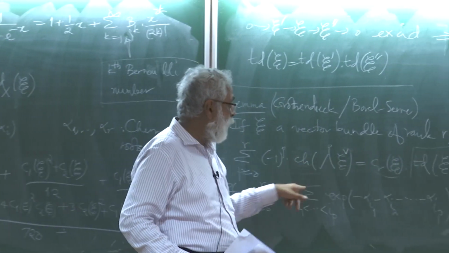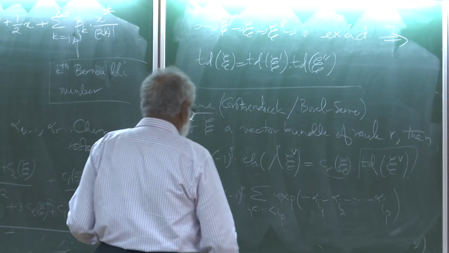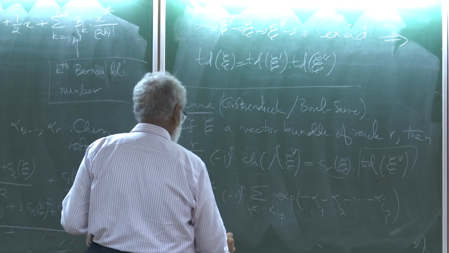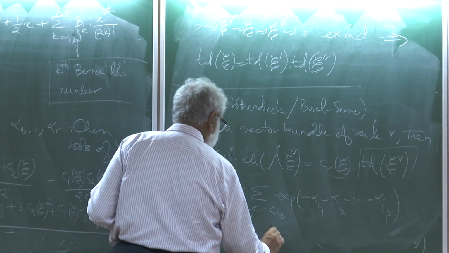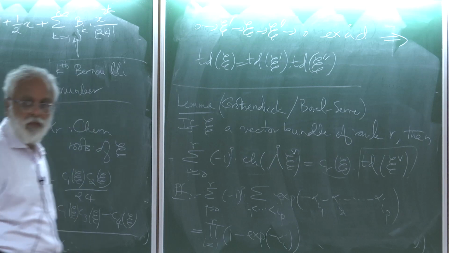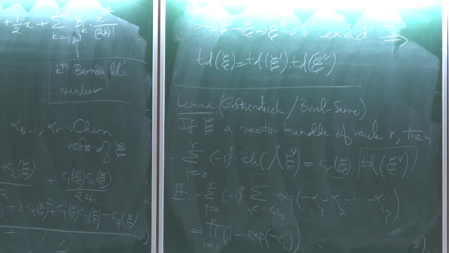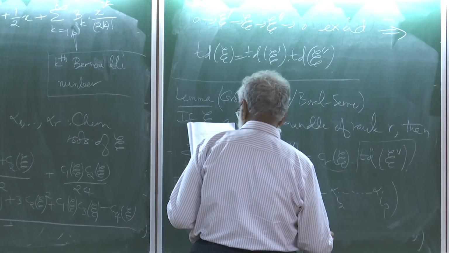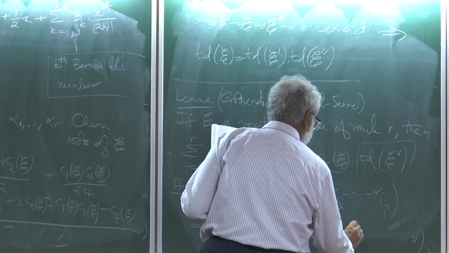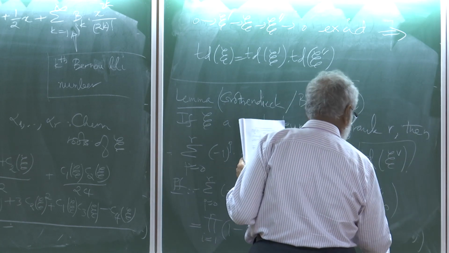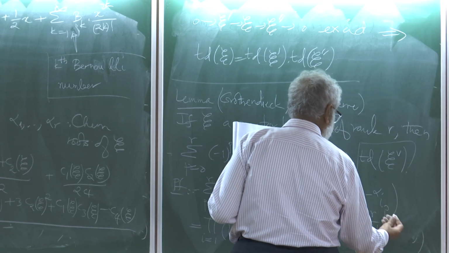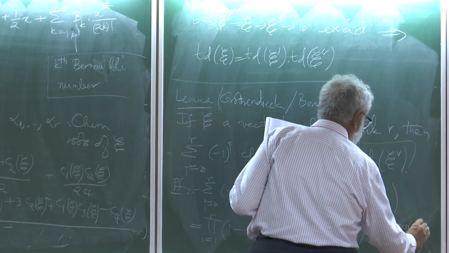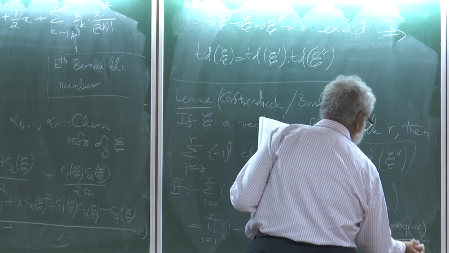Anyway, let's start. This is the expression on the left side. I think of this as the product, i equals 1 to r, of 1 minus x power minus alpha i. And this in turn I rewrite in this fashion: alpha 1 through alpha r times the product, i equals 1 to r, of 1 minus x power minus alpha i divided by alpha i.